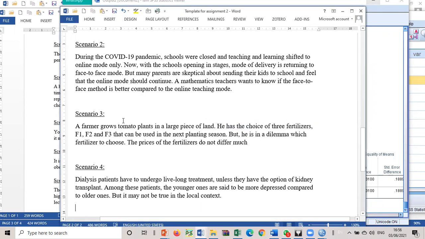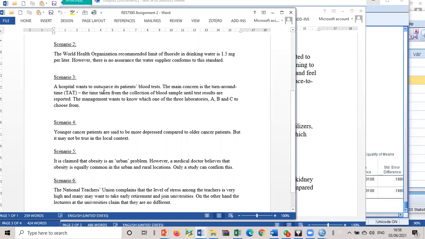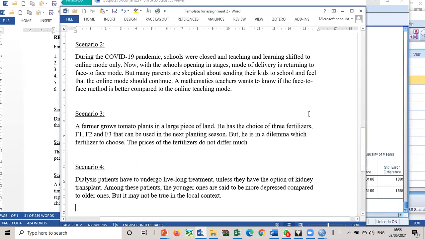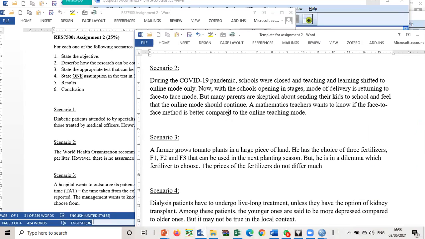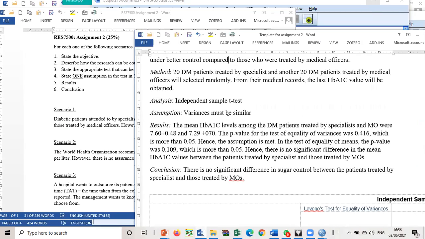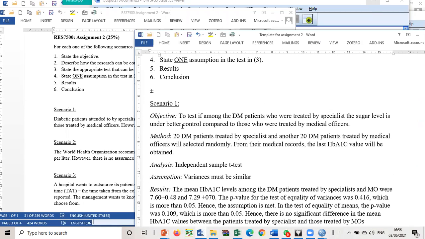So already done this. You can still report scenario number 1, but I'll be marking only from 2 onwards.